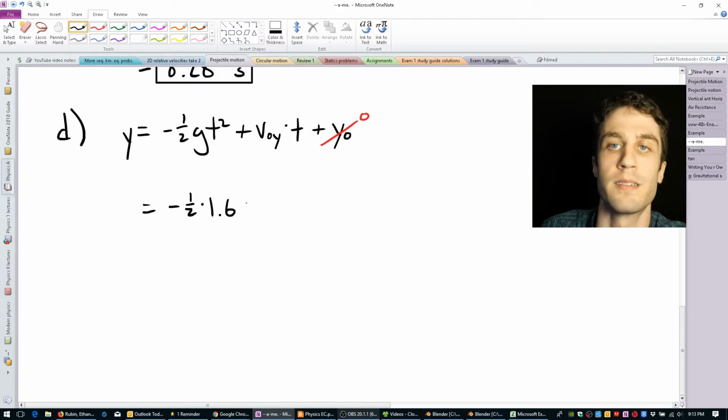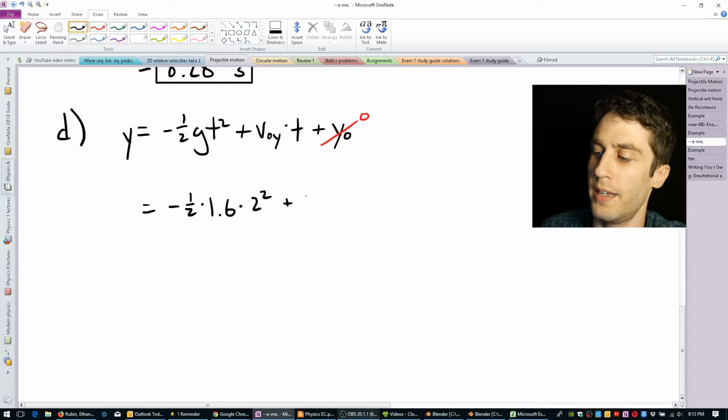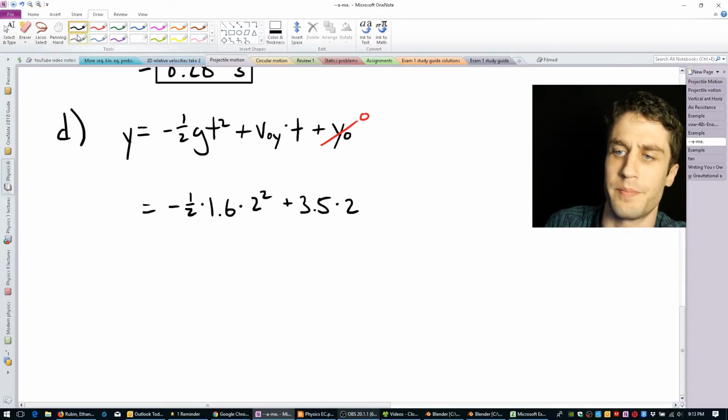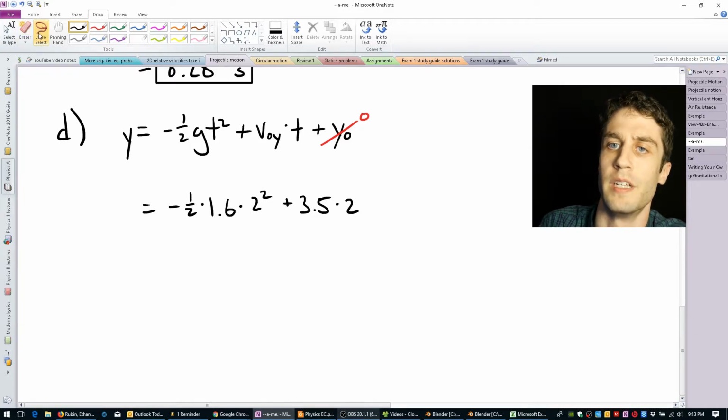This is 1.6 meters per second squared. Times, instead of t squared, we'll do 2 squared, because it takes them 2 seconds to catch it. Plus v naught y, which was 3.5 meters per second, times 2, and then plus 0 if you want, because y naught is 0.